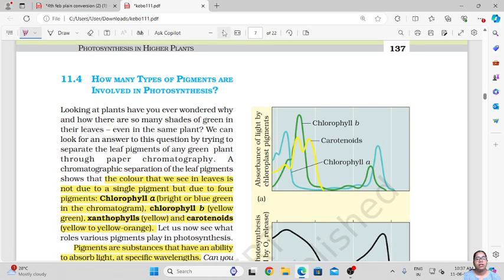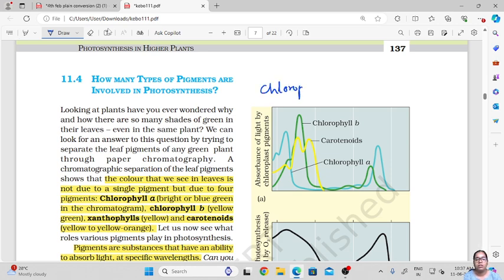The pigments involved in photosynthesis are chlorophyll, chlorophyll A, then B, and the other accessory pigments called the carotenoids. So these are the pigments which are present in the plant leaf. The leaf consists of chlorophyll A, B and carotenoids as the pigments.